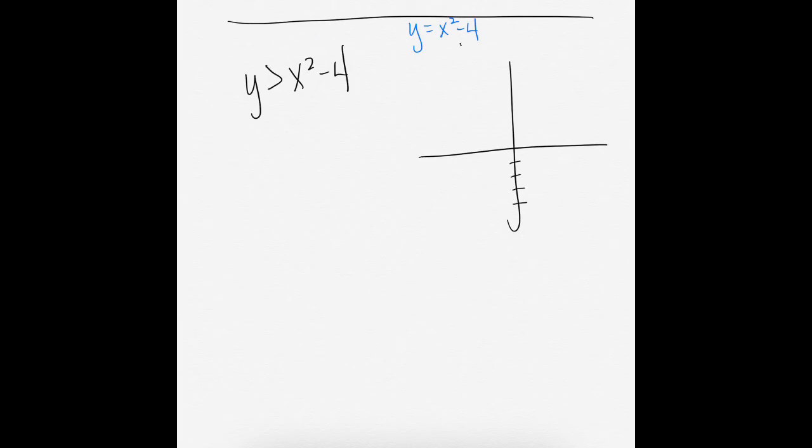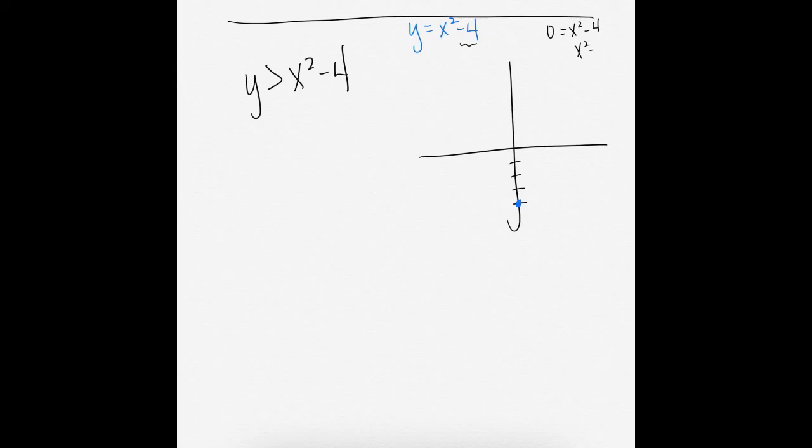Hopefully you recognize that this is a quadratic, which makes a parabola. Hopefully you remember that this minus 4 right here means a vertical shift down. So if I were to graph him, we would go down 4. And let's find out where he crosses the x-axis. Remember, to find where he crosses the x-axis, that means y would be 0.